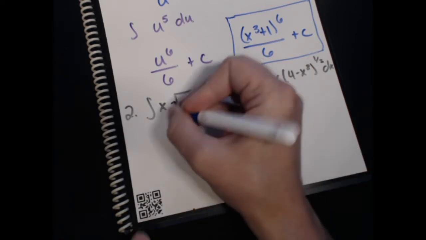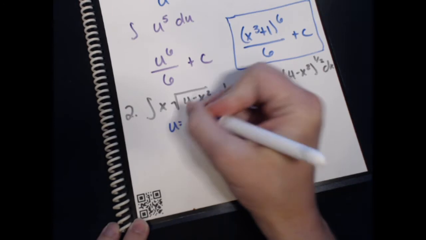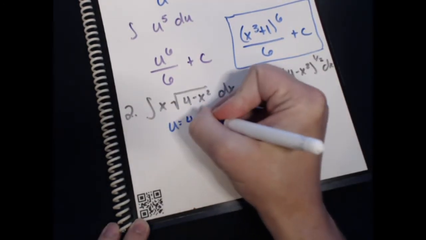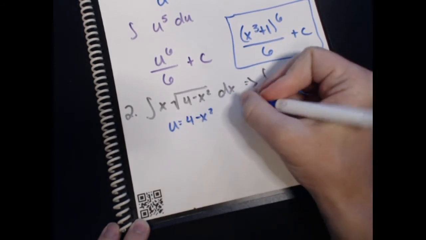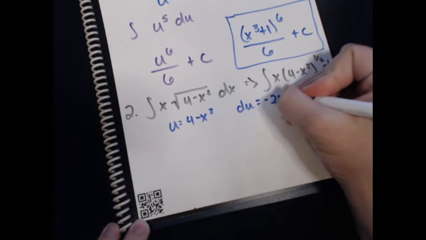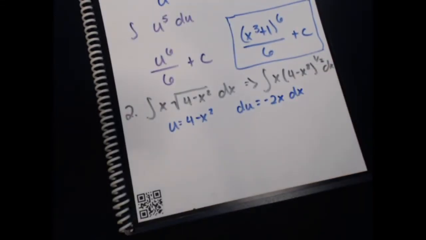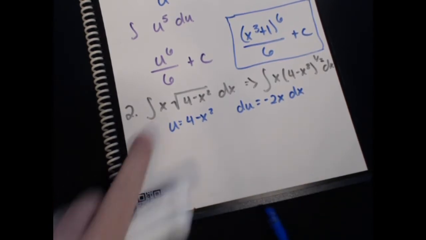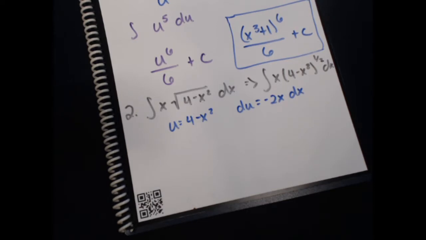All right, again, we're going to say, okay, our u, in this case, is what's under the square root or in parentheses. So that's going to be 4 minus x squared. And our du would be negative 2x dx. I don't have a 2x or a negative 2x, so how do I get a negative 2x on the inside? Do we remember? Multiply it by negative 2.